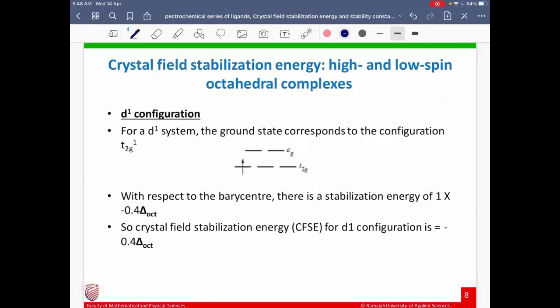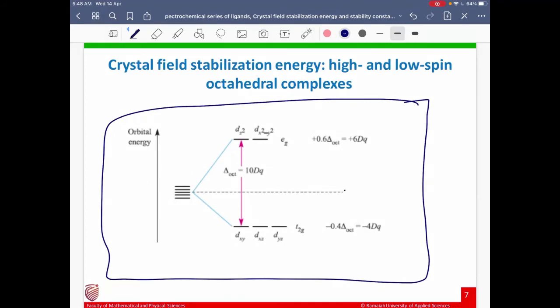We'll consider a d1 configuration system, which means the central metal atom or ion has only one electron in its d orbital. So in the ground state, we can represent the configuration as t2g1, and there definitely will not be any electron in eg. With respect to the barycenter, only one electron is present in the t2g orbital.